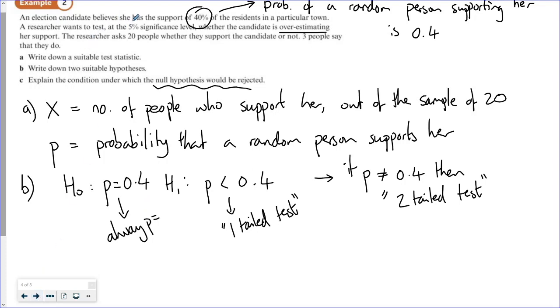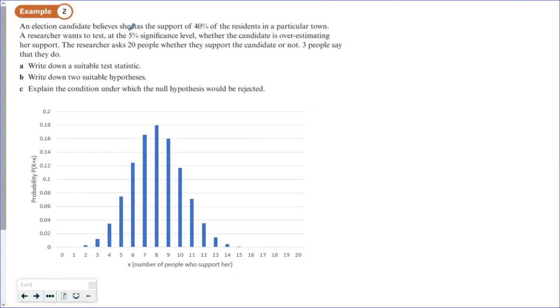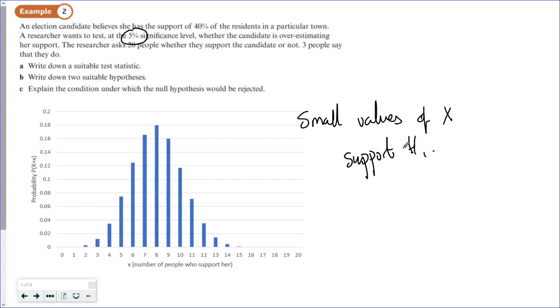So the way that we are going to do these hypothesis tests is we're going to look at the significance level, and we're going to talk a lot more about this in the next video, but I'll give you a rough idea of what that 5% significance level means. So basically, small values of X support H1. If not many people in the survey out of 20 say that they support her, then we're going to reject H0.